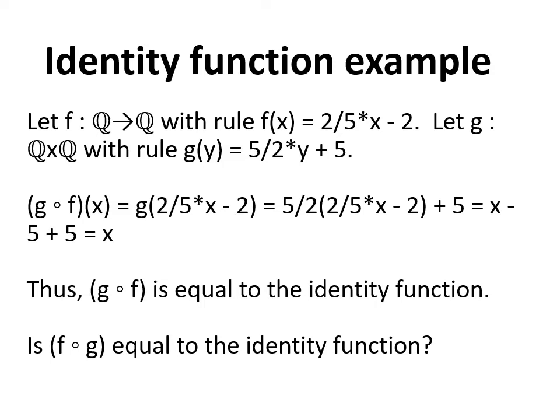And now if we compute the composition of g and f, we get, after we work it out, that the rule for the composition is just x. So g circle f is equal to the identity function.